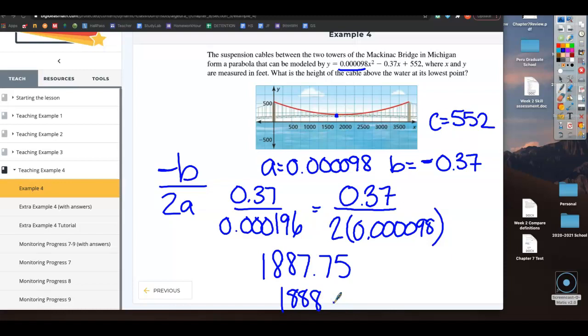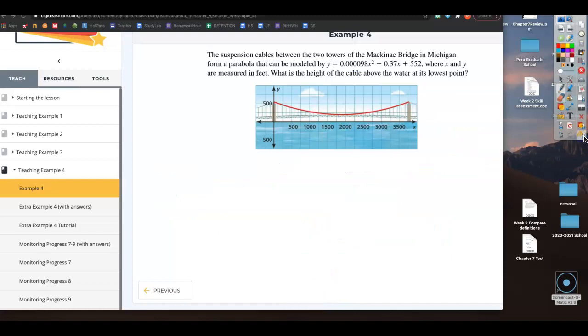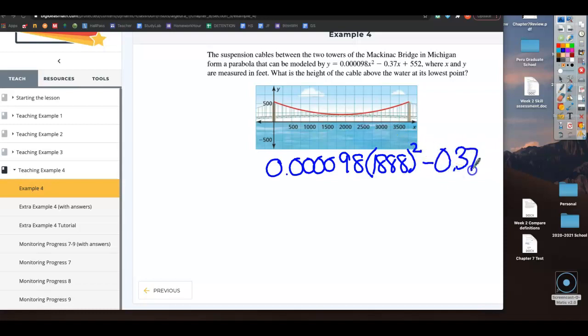So yes, we are going to practice typing this in our calculator. So I'm going to take 0.123498 times 1,888 squared. So listen to how I'm saying this. Type in 1,888 squared.